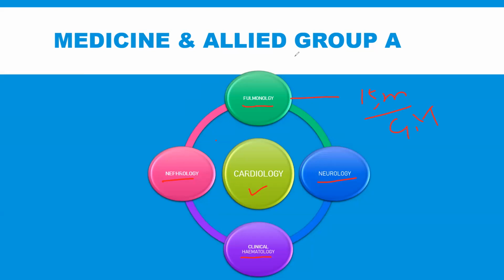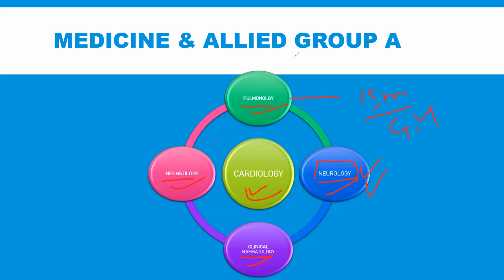Like if you applied for neurology, you are supposed to do your cardiology rotation, nephrology rotation, pulmonology rotation, clinical hematology rotation, and neurology rotation as well. So you will do all these rotations, and then after that you go to your own specialty. Let's suppose you applied for neurology, and neurology is in Group A. You have to take all 15 months of general medicine training, and later on 2 months of these rotations.